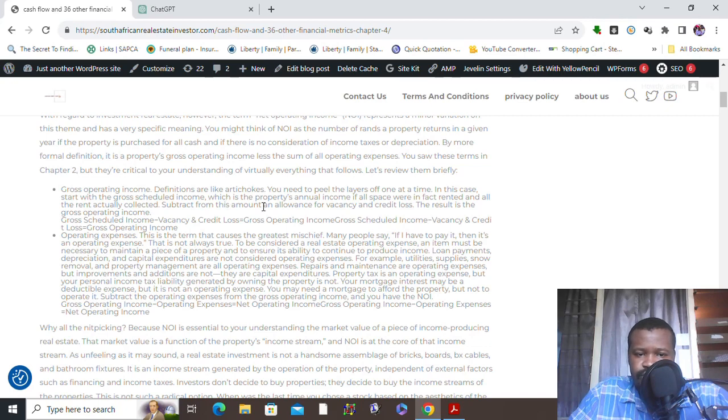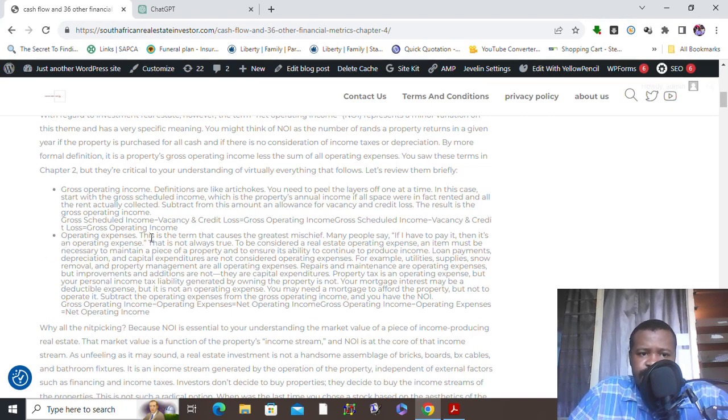Subtract from this an allowance for vacancies and credit loss. The result is gross operating income. Gross scheduled income less vacancy and credit loss equals gross operating income.